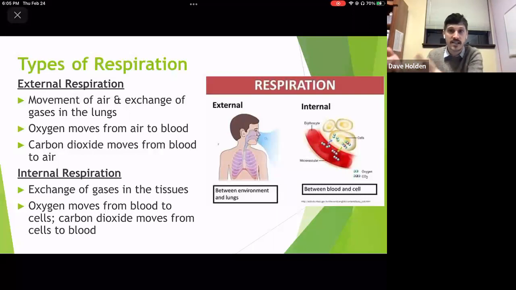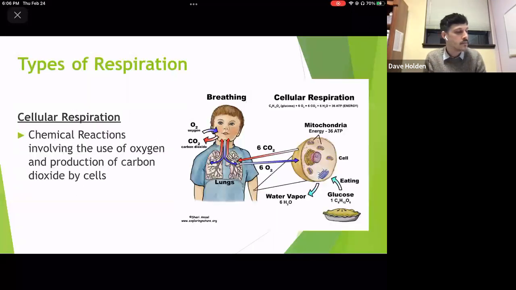Meanwhile, the waste products in the tissues diffuse into the blood. Internal respiration is where the red blood turns blue. And now we resume our journey back to the heart. Good stuff. Internal respiration is the respiration between the blood and cells.